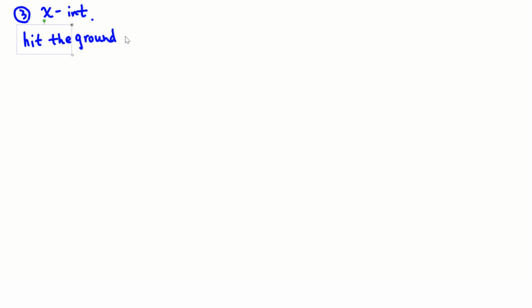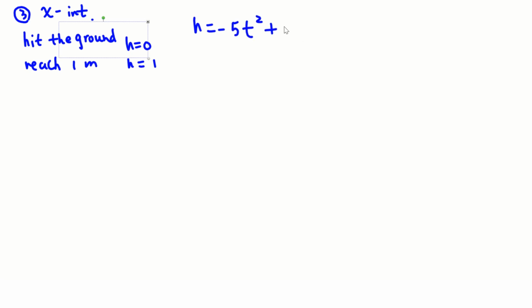Then it means the height is 0, or if it reaches 1 meter, the height is 1. So for example, if we have one question in this way, negative 5t squared plus 20t, then plus 2. It asks you when it hits the ground, then we let h equal 0.